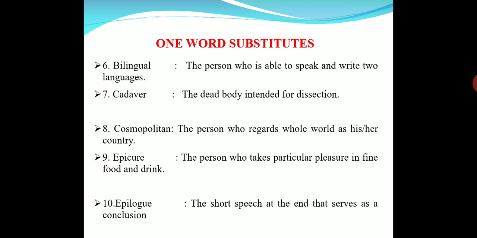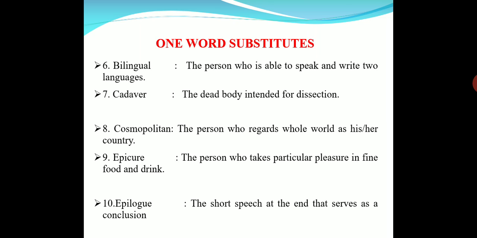Next, cosmopolitan. Cosmopolitan is a person who regards the whole world as his country. That means the whole world as his own. As it is said in the Rig Veda, Udara Charitanam tu Vasudaiva Kutumbakam.